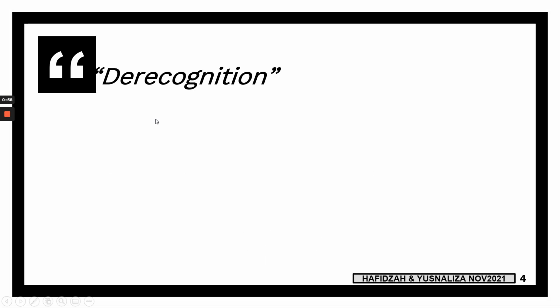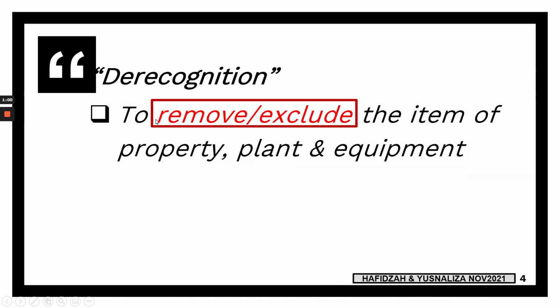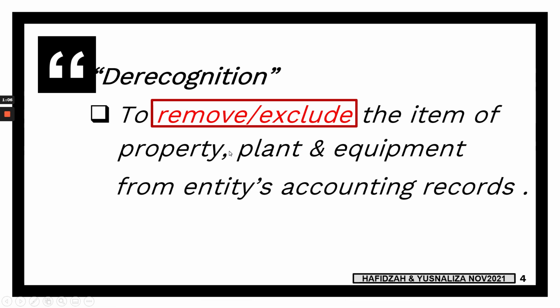The term derecognition means to remove or to exclude the item of property, plant and equipment from the entity's accounting records. The entity's accounting records here refers, for example, to the PPE account, where the PPE account will have to be credited.